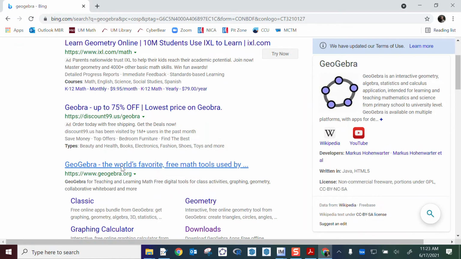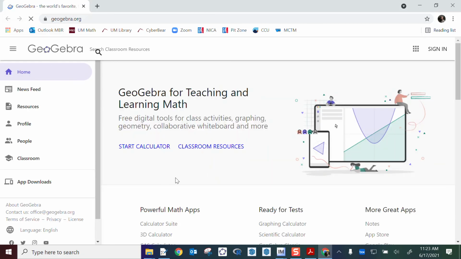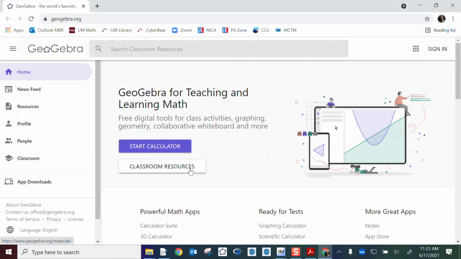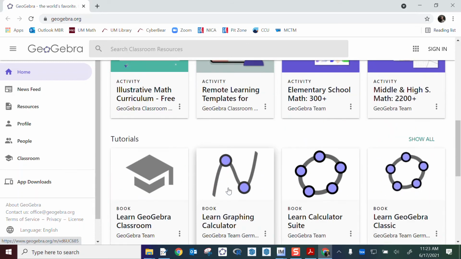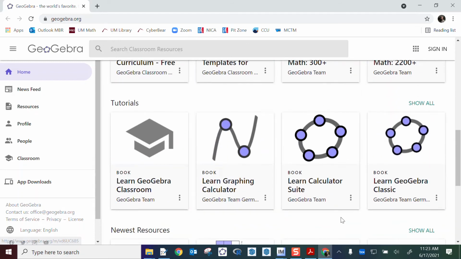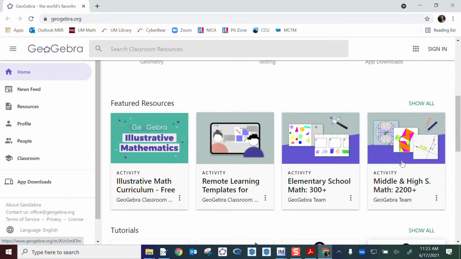This is the one I want. So here is the GeoGebra homepage, and you can find all kinds of good stuff here about learning GeoGebra. And the one that might be important to you is learning GeoGebra Classic if you've never used it before.